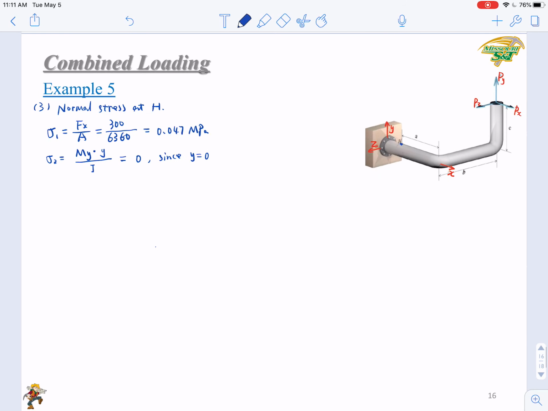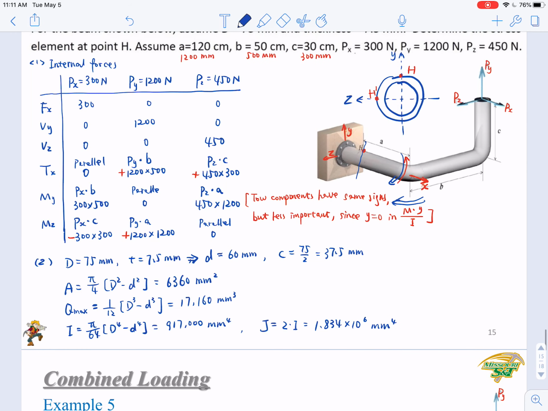Then let's look at the normal stress, sigma 3, due to Mz. That's Mz times C over I. Well, the Mz here, you have two components. One is negative 300 times 300, another is positive 1200 times 1200.